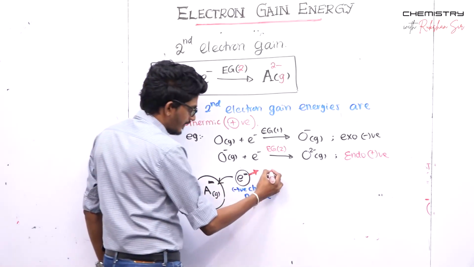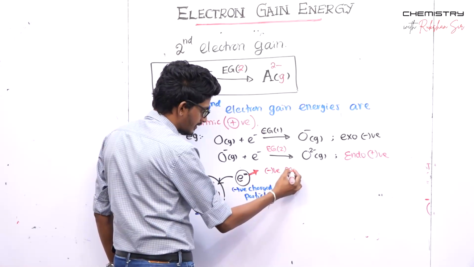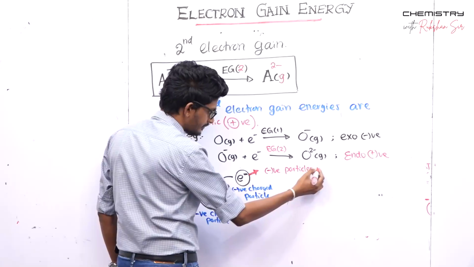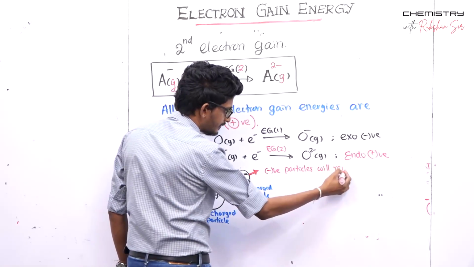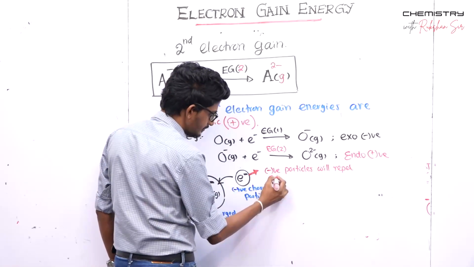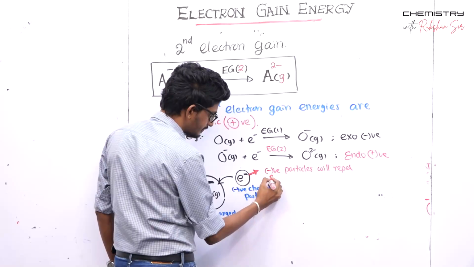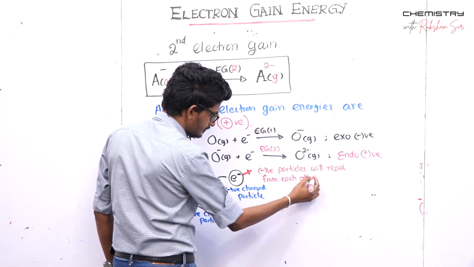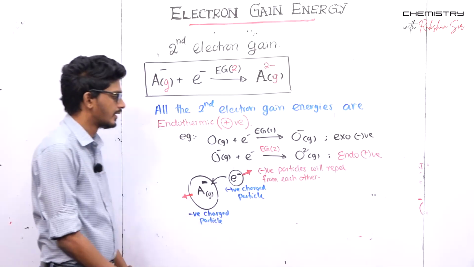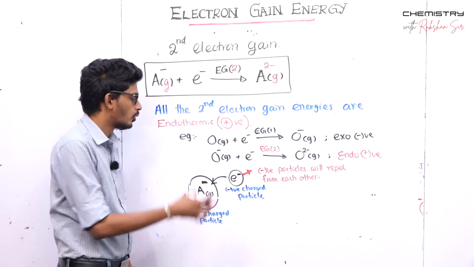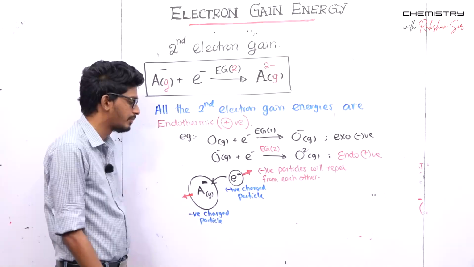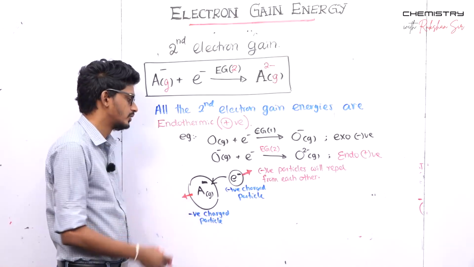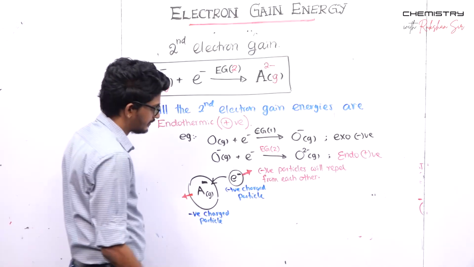Right? Negative particles will repel from each other. To overcome those repulsions, you have to supply energy.